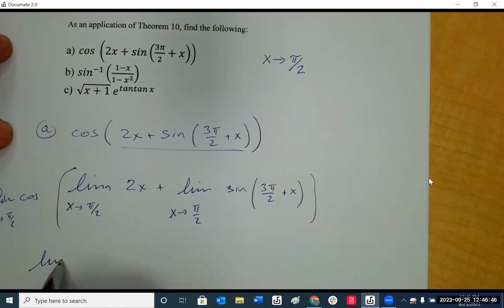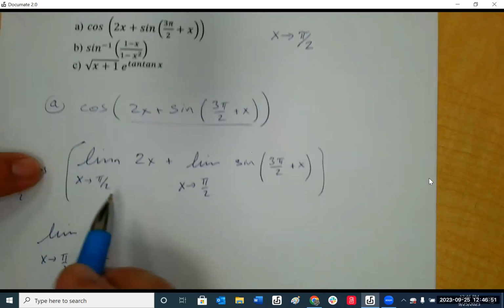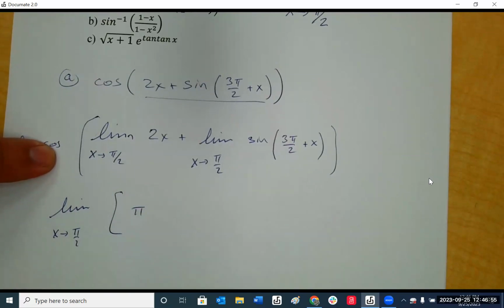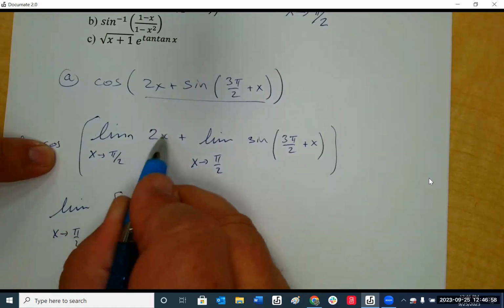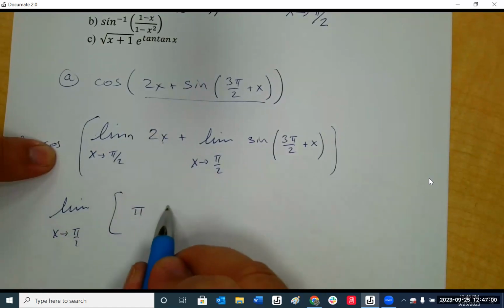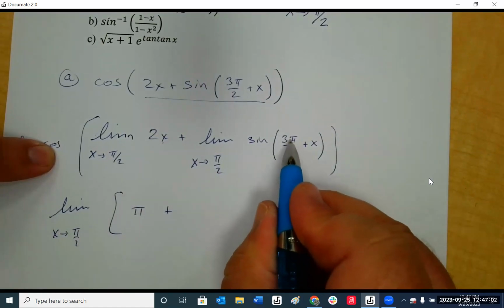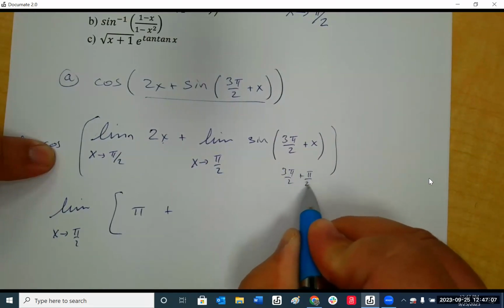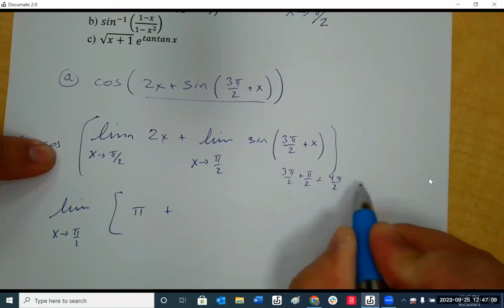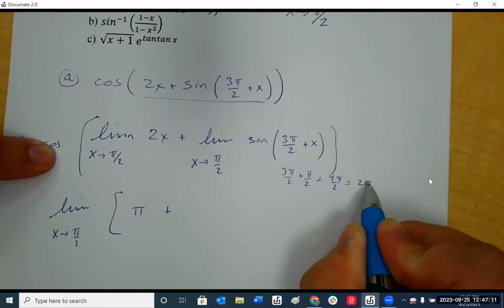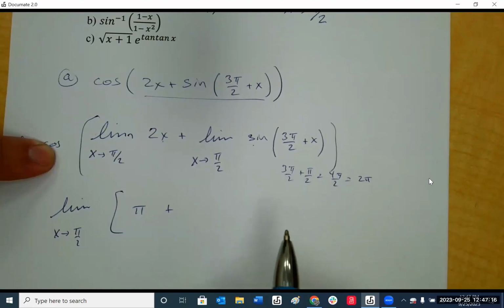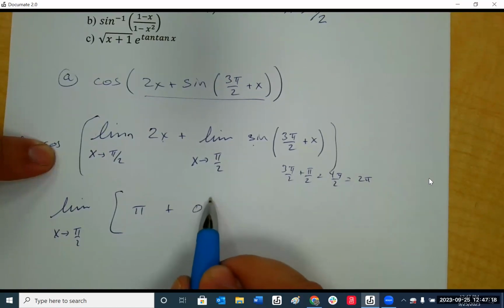This one becomes pi when x is pi over 2, the 2's cancel. Then 3 pi over 2 plus pi over 2 equals 4 pi over 2, which is 2 pi. And the sine of 2 pi is, I mean, 0.